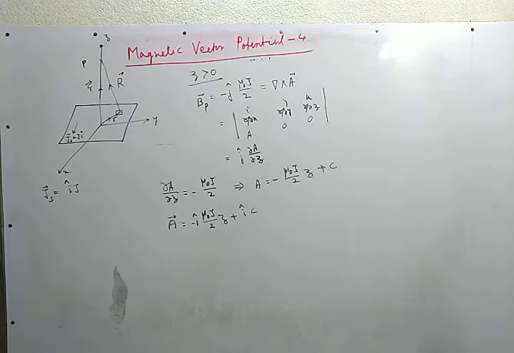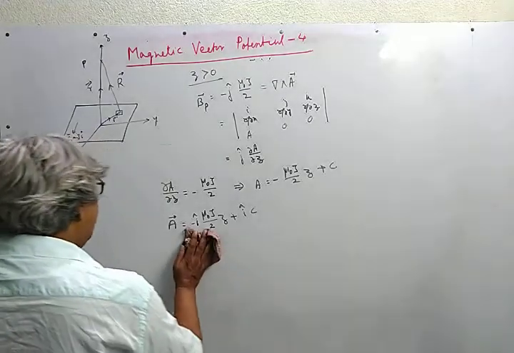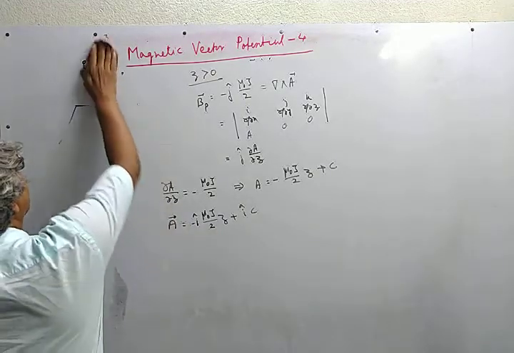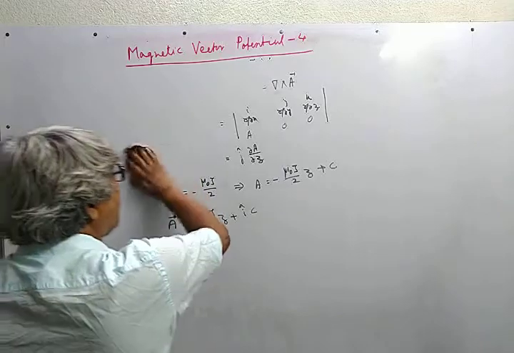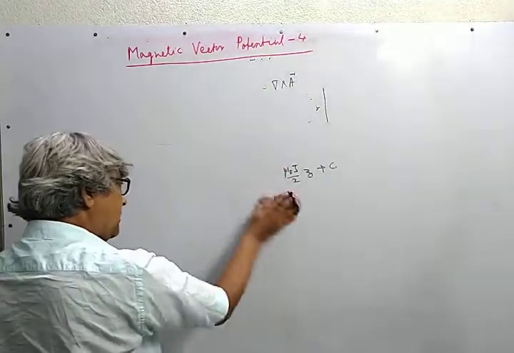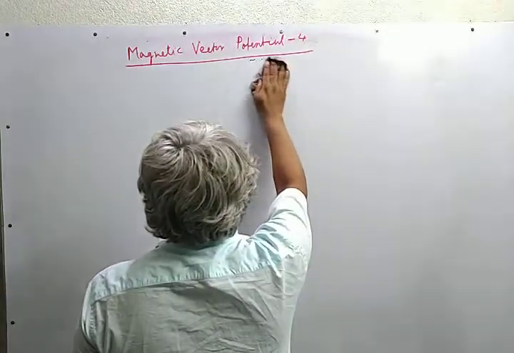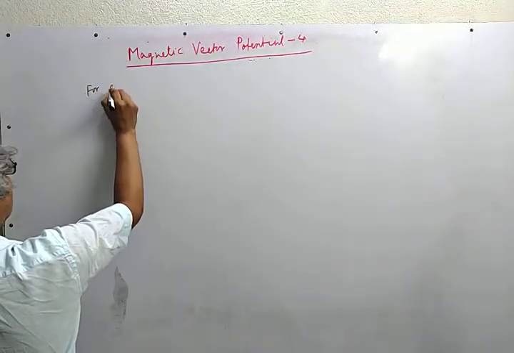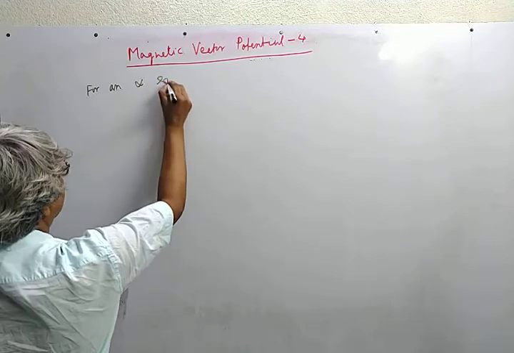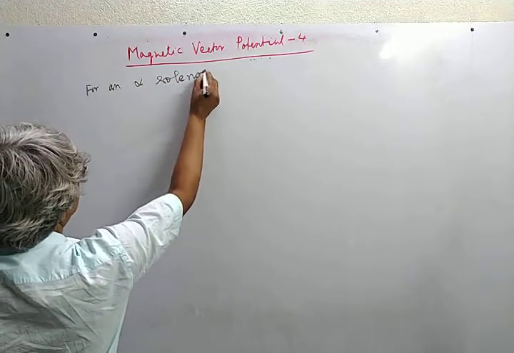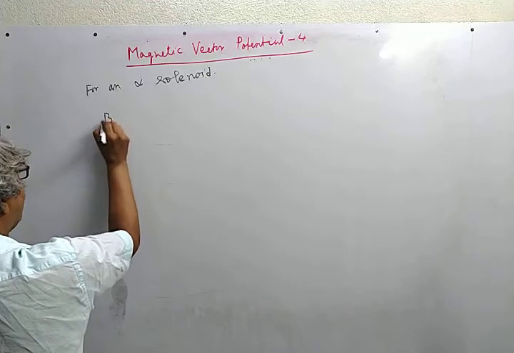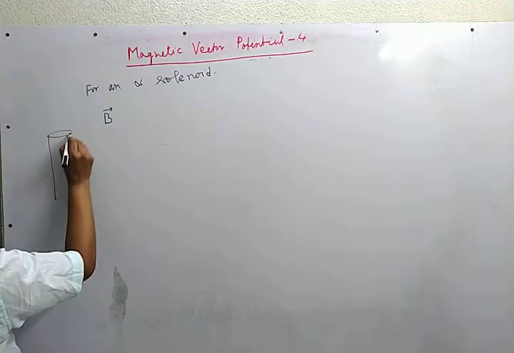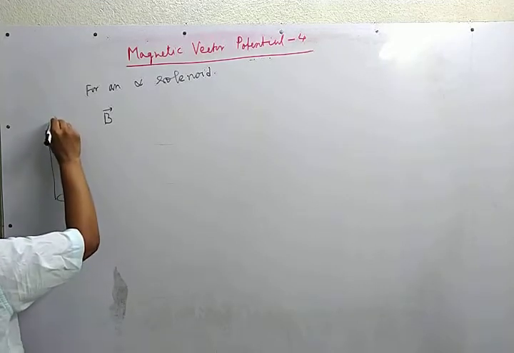Another example: we consider an infinite solenoid. We know that an infinite solenoid is one for which the length is much greater than the radius, and we know the magnetic field. The solenoid is assumed to be one whose axis is along the z axis.